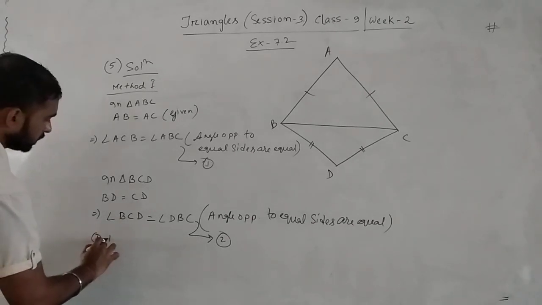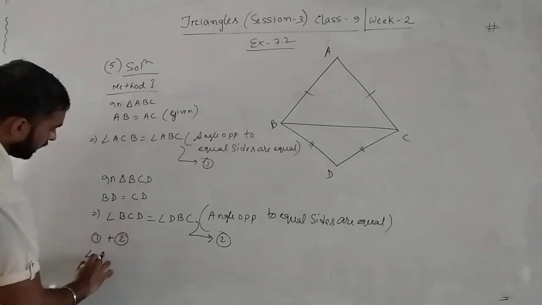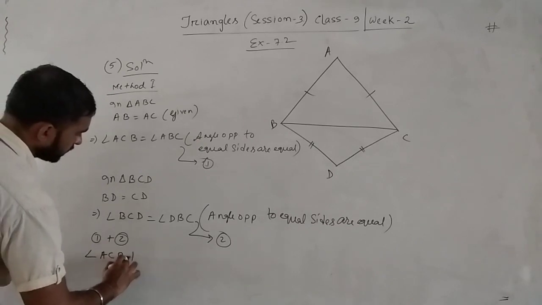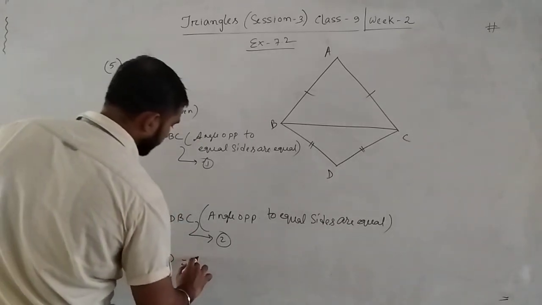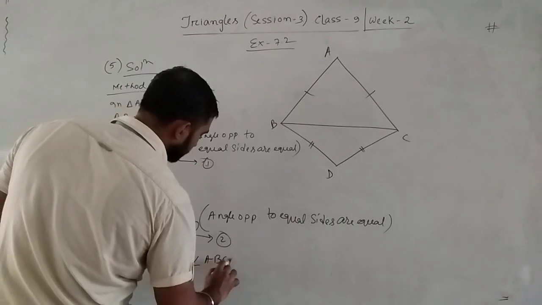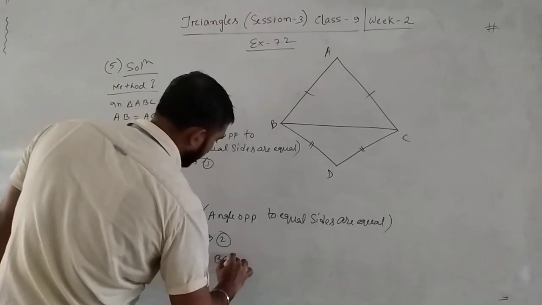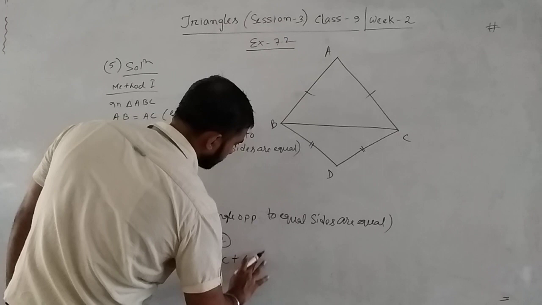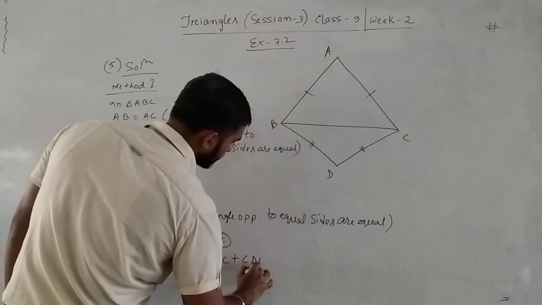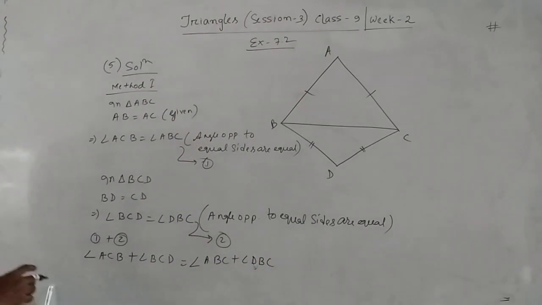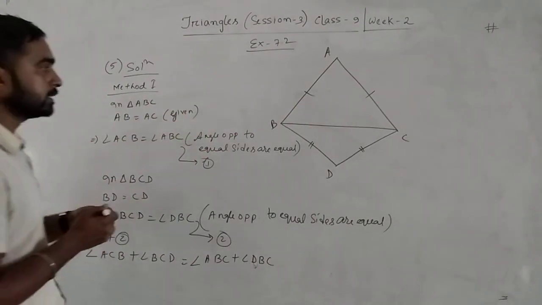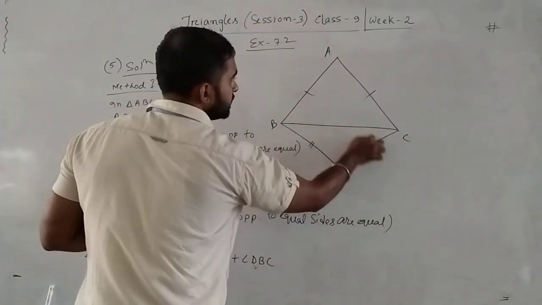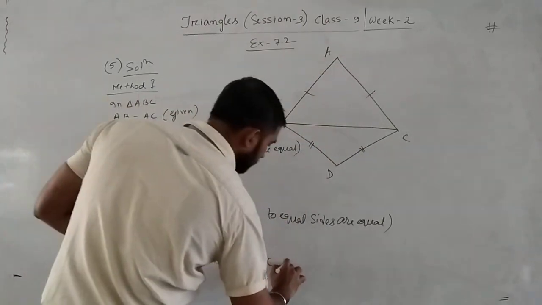Now add 1 plus 2. Angle ACB plus angle BCD equals angle ABC plus angle DBC. See the diagram. ACB plus BCD means angle ACD.